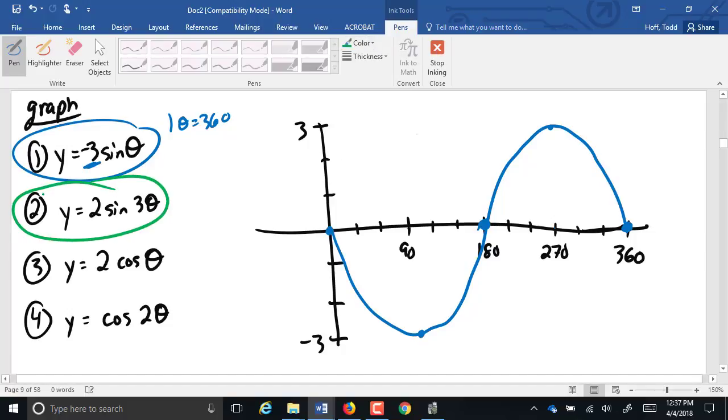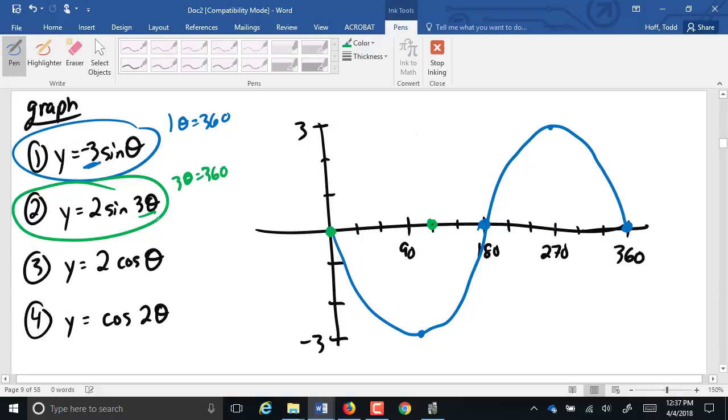For number 2, y equals 2 sine 3 theta. Again, there's no phase shift, so this wave starts at 0. What's the wavelength? 120 is our wavelength because it's 3 theta. So 3 theta equals 360.